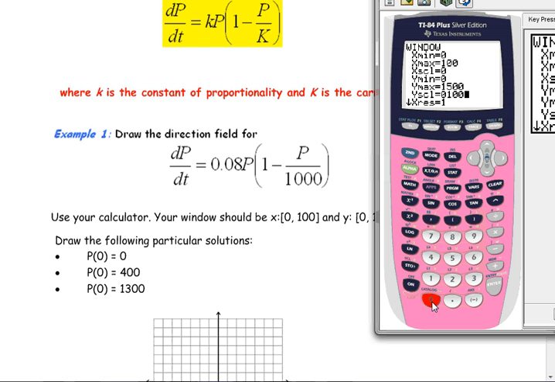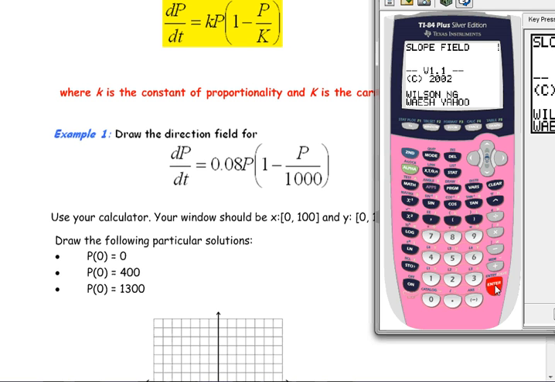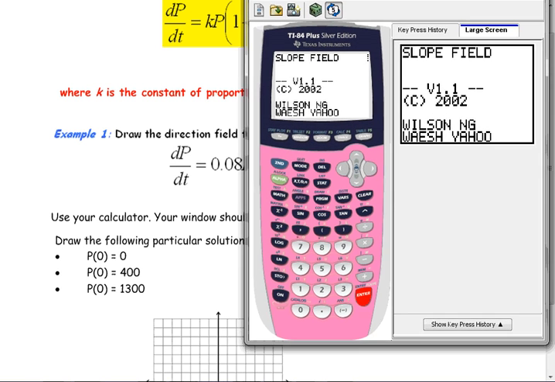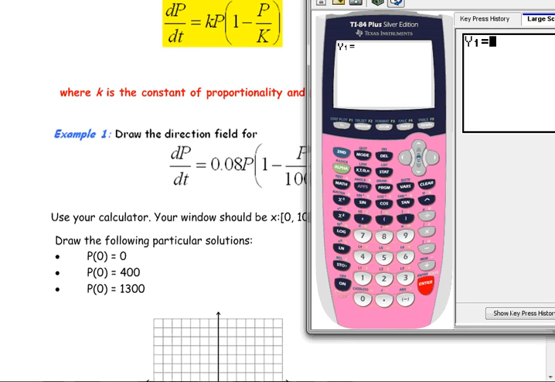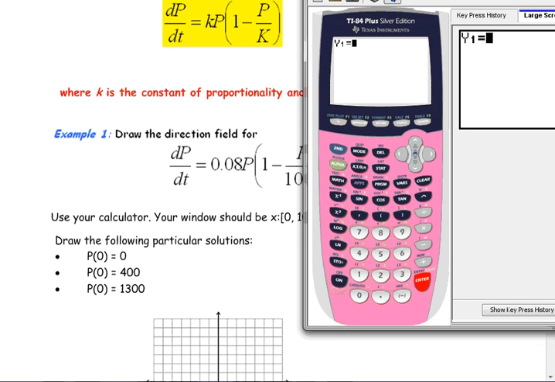Okay, ready? Now, we're going to quit. My program is still running, even though I've escaped from it. If I press enter, it will go right into the program again. So, now I got to type this in. This is y, so it's 0.08 y. How do I get y?